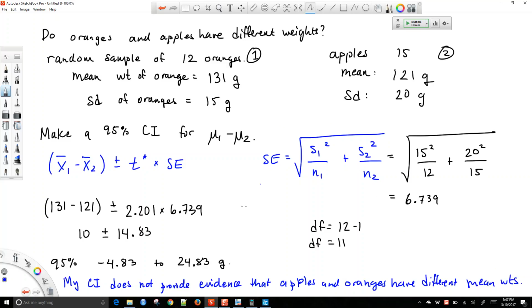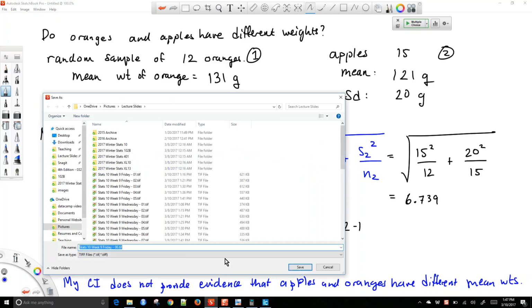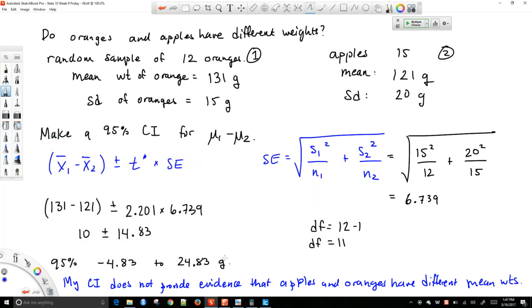Of course, if we gathered more data or looked at a different sample, it might provide evidence that there's a difference. But in our sample, 0 is inside the interval. So that is why we do not have evidence at this point that apples and oranges have different mean weights.